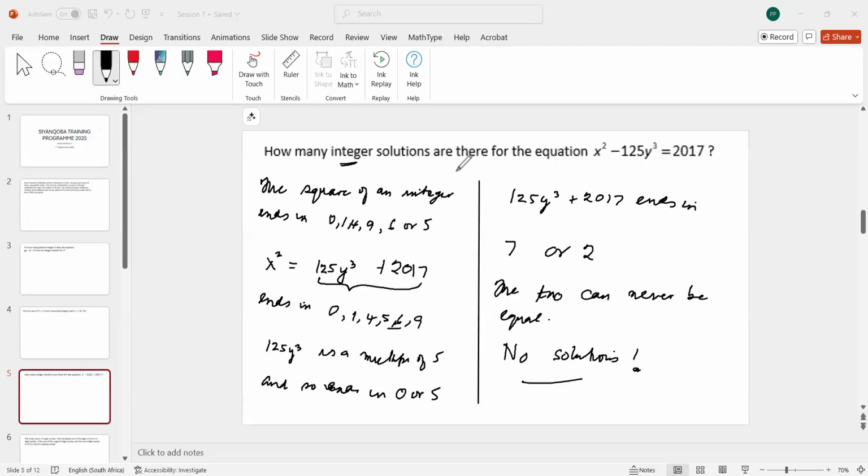You ask how many integer solutions are there for this equation? The answer is 0. How many? 0. There are no solutions.